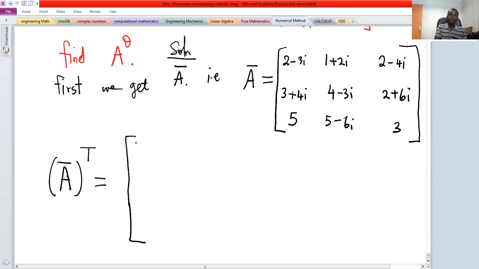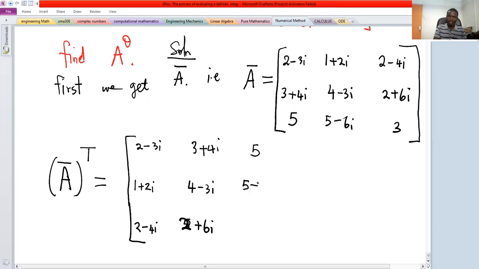So we'll have 2 minus 3i, 1 plus 2i, 2 minus 4i, and then 3 plus 4i, 4 minus 3i, 2 plus 6i, and then 5 minus 6i, and then 3.